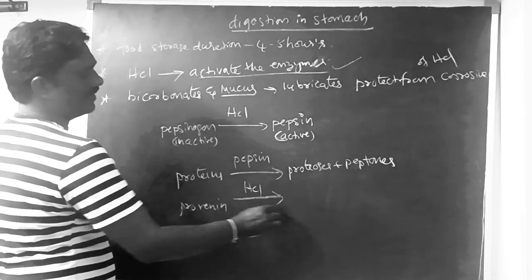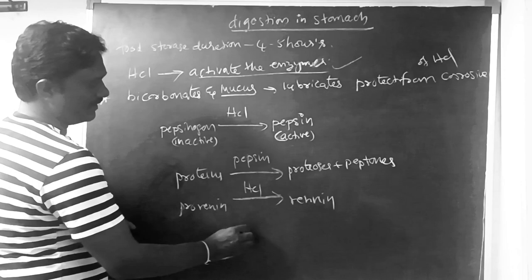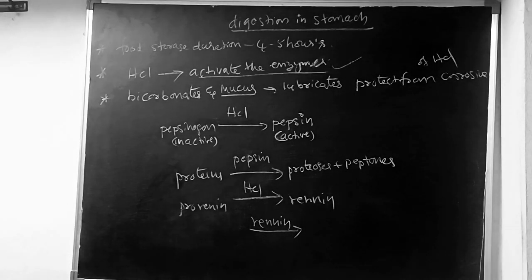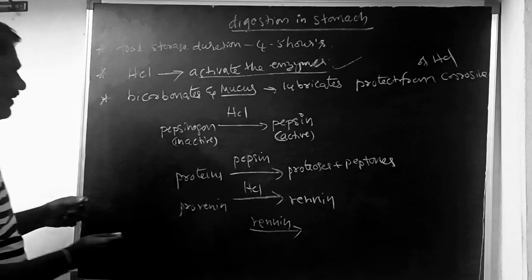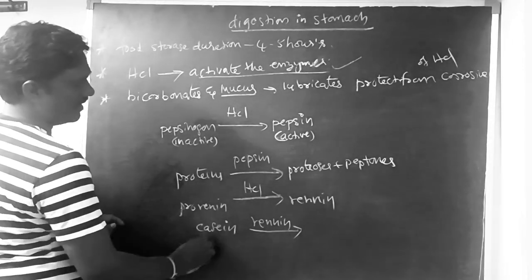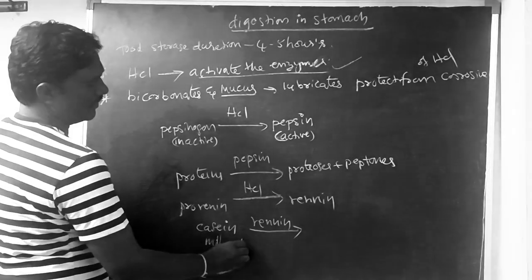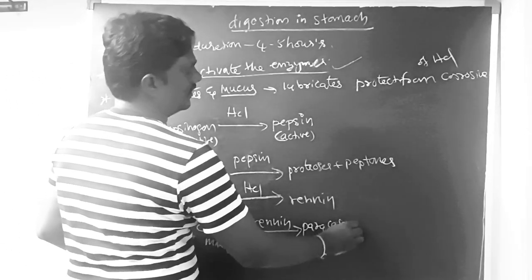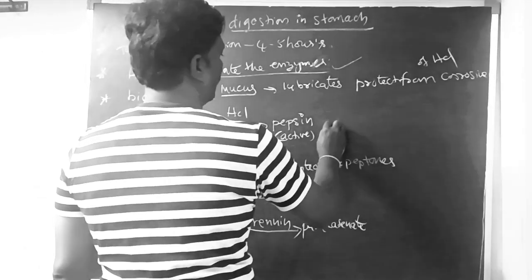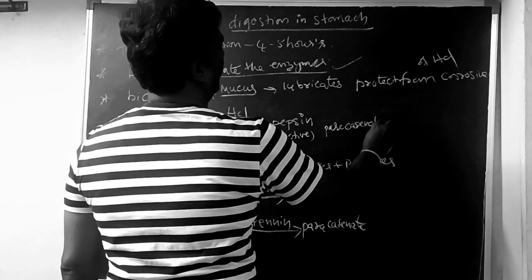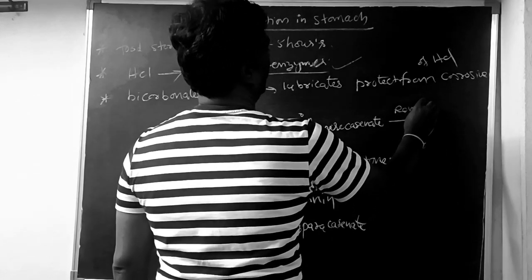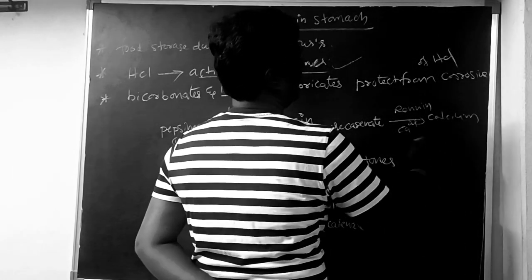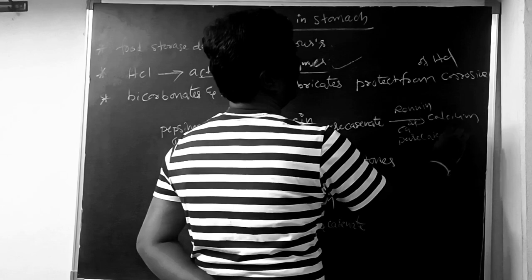This renin acts on casein, which is the milk protein, and converts it into paracasein. This paracasein, again by renin and calcium ions, converts into calcium paracasein and peptones.